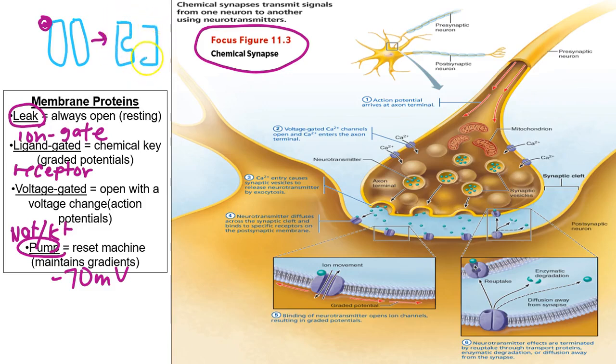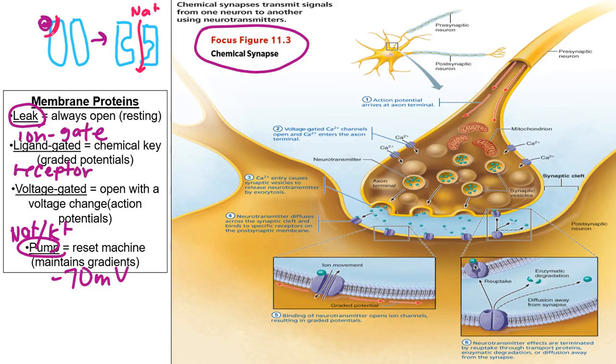When it changes shape, specific ions can cross the membrane. Let's say we have a sodium that's going to cross the membrane now because of that ligand gated channel. That's the reason why it's called ion gated, ligand gated, or even receptor, because there has to be a receptor on the actual membrane protein in order for that ligand to be able to bind it. Little details like that, okay?